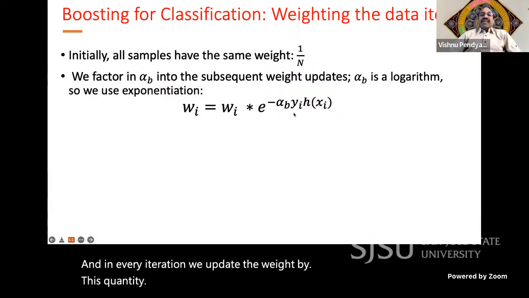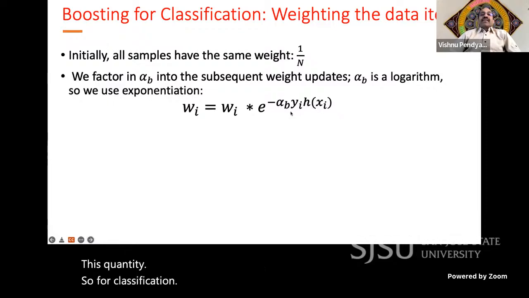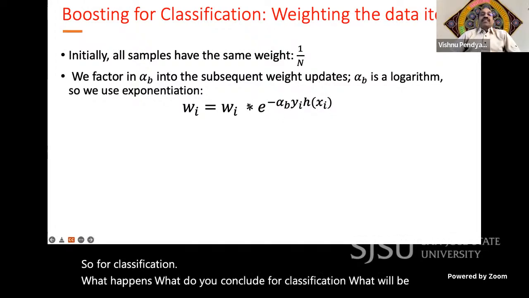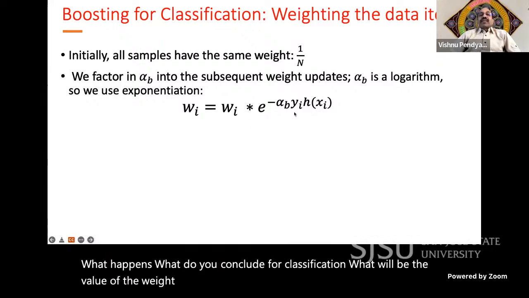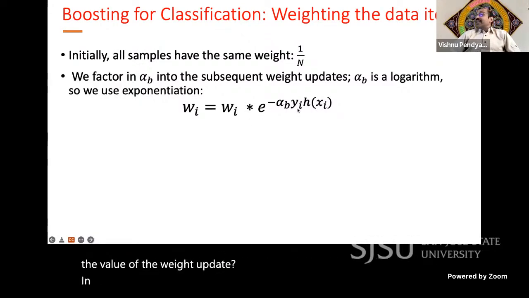So for classification, what do you conclude? What will be the value of the weight update? In classification, if it classifies correctly, yi is equal to h(xi), right? That means it predicted correctly.